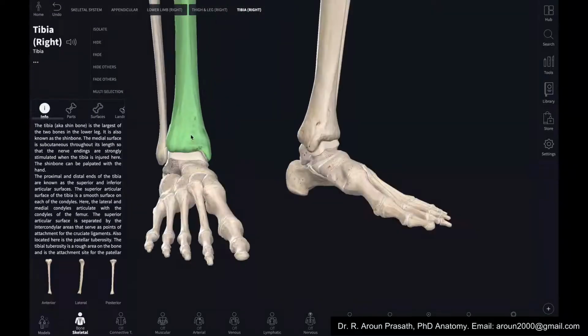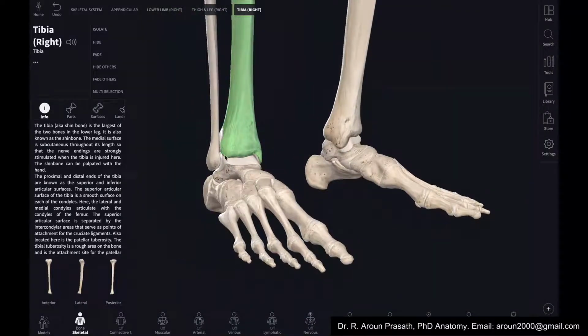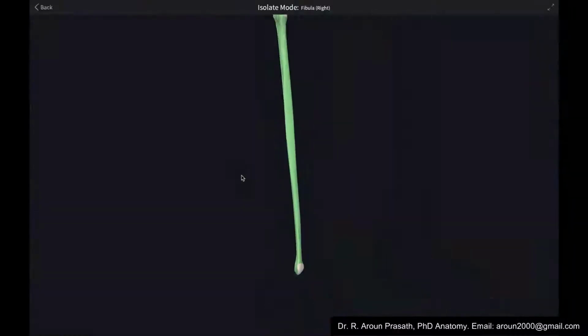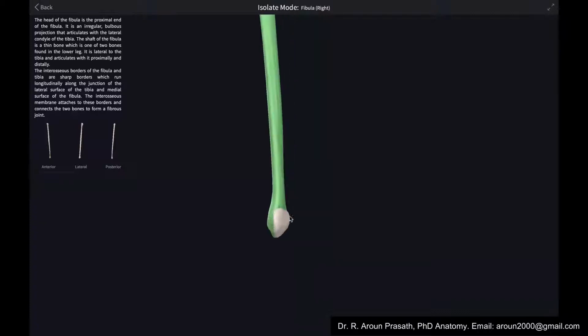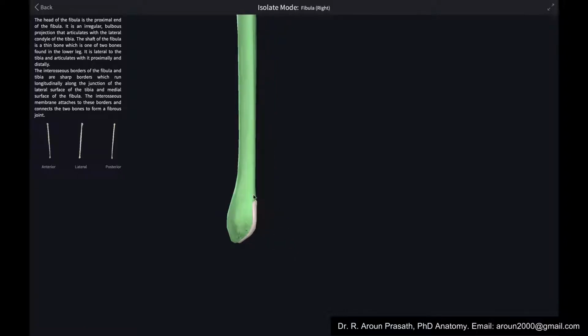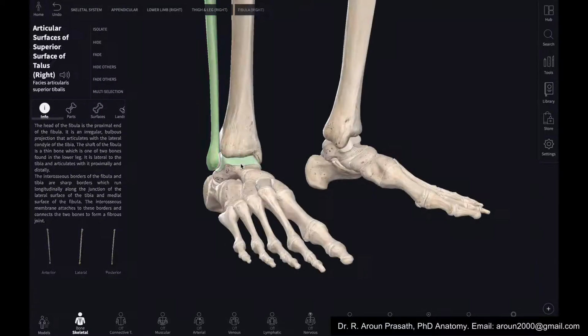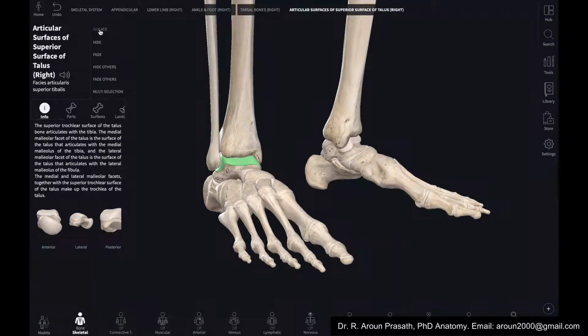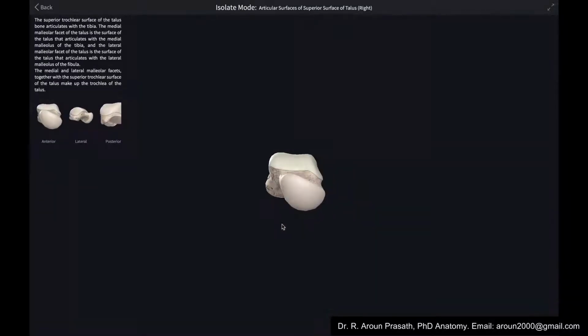Likewise, the tail end of the fibula also gives an articulating surface with the ankle bone, and we call this part the lateral malleolus. The other articulating bone in the ankle joint is the talus. This is the ankle joint articulating surface.